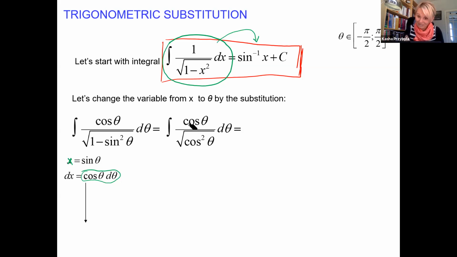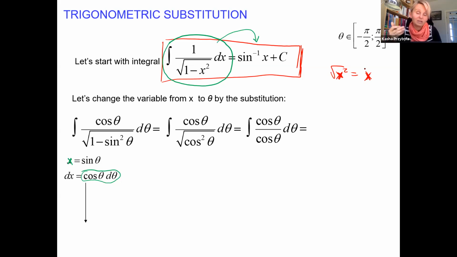I can simplify, yes, thank you, Heather. Mathematically, we always have to be careful because the square root of x squared is x, but only if x is positive. If x is negative, then I have to involve an absolute value or a negative sign. But if this quantity is positive, I can simplify.